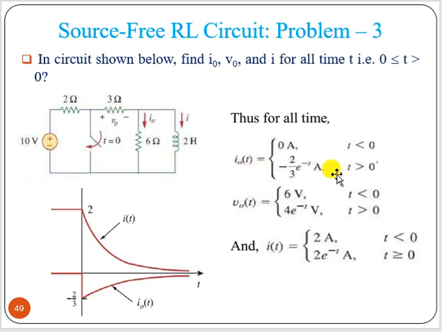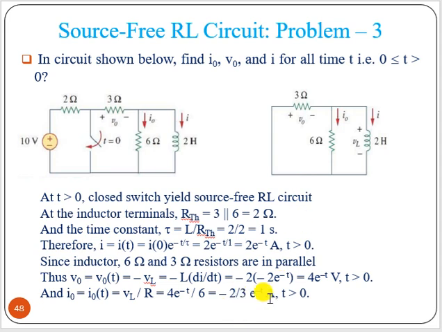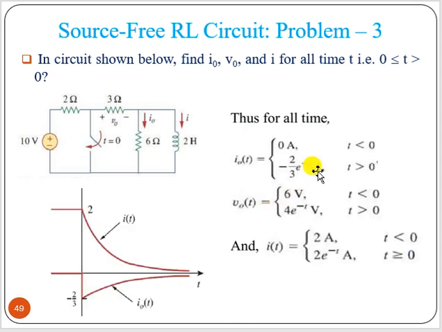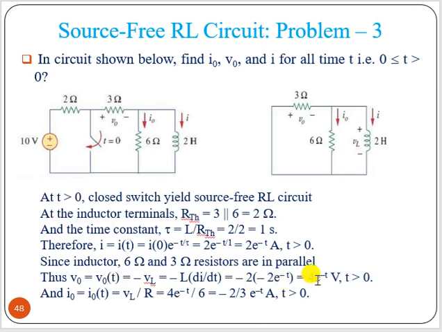And I0 for t greater than 0 is minus 2 by 3 e to the minus t. V0 is nothing but 6 volt, and for t greater than 0, that is 4 e to the power minus t. Now you can see this 3 ohm is also in parallel with 6 ohm, right? So those voltages will be the same.